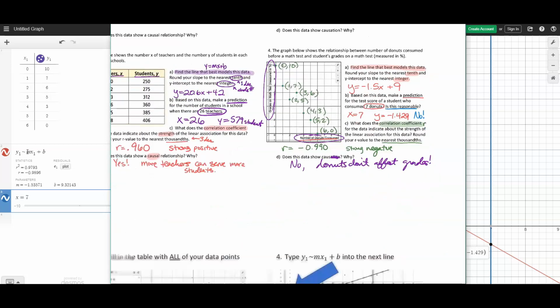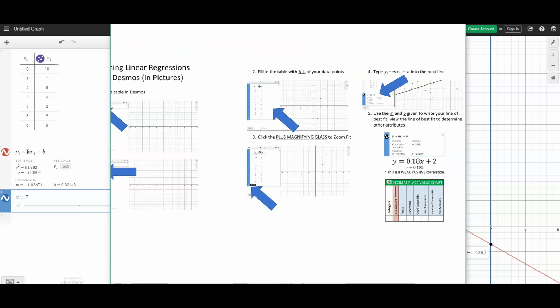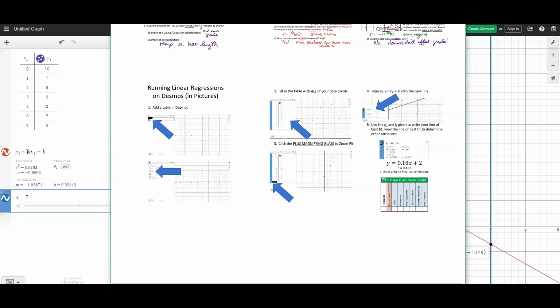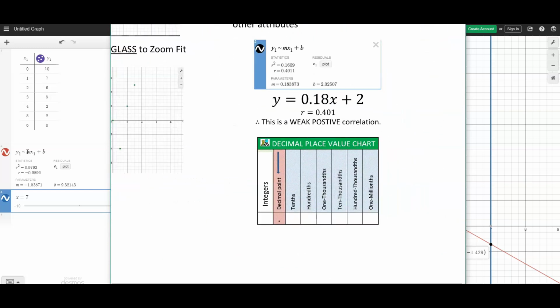Now don't forget, I have put all of these steps for Desmos in picture form on your second set of notes, as well as an example problem on where to get the parameters, the M, B, and R, and how to decide if it's weak or strong. And then also, if you need help rounding, here's the place value chart in case they change it up and you need to round to not the tenths, the integers, or the thousandths.